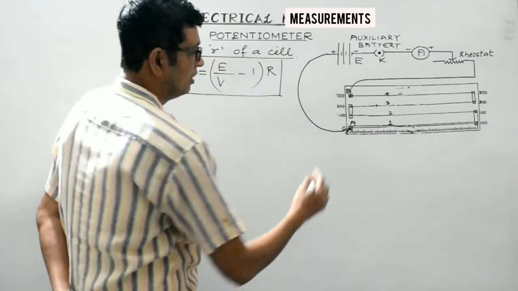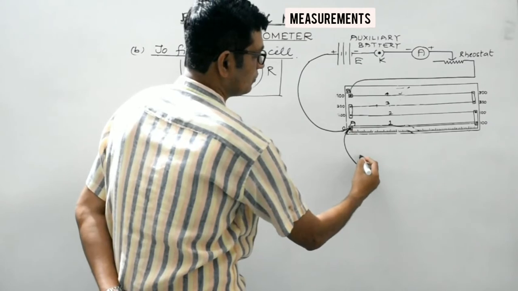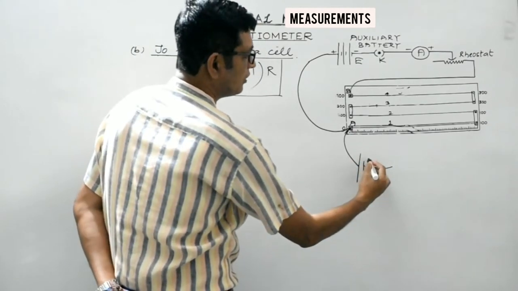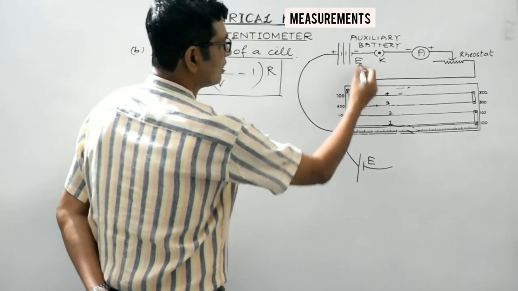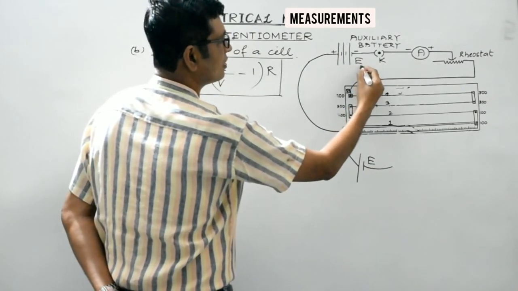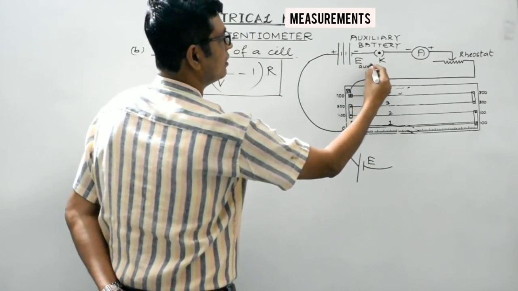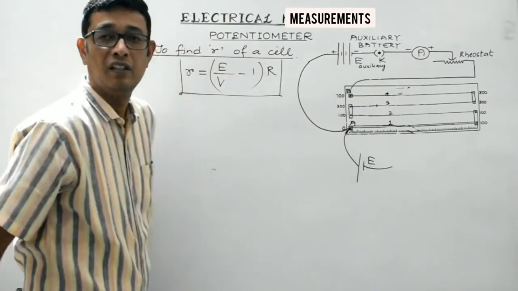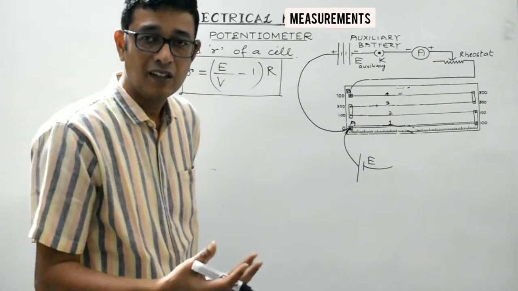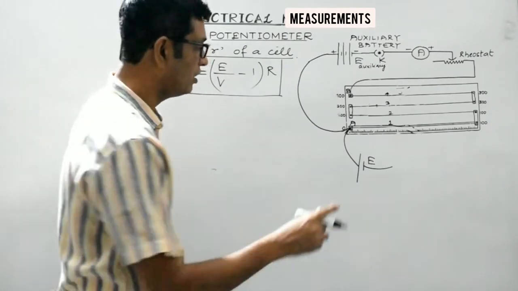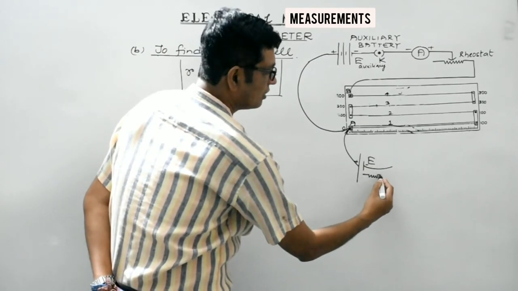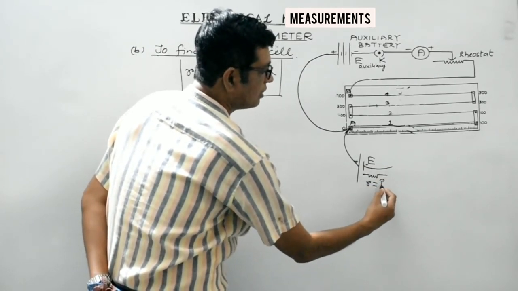Now, this is the cell. Suppose its EMF is E. Let us consider the EMF of the auxiliary battery as E auxiliary. Let us consider the cell whose internal resistance is to be measured, its EMF is E. And this is the internal resistance which is to be determined.